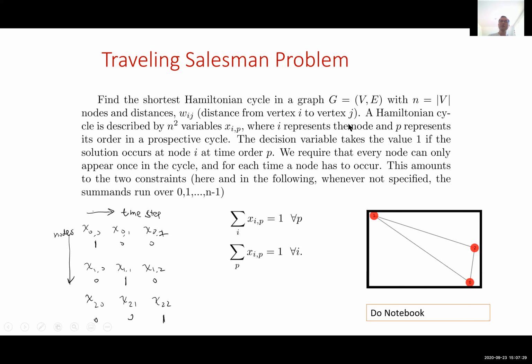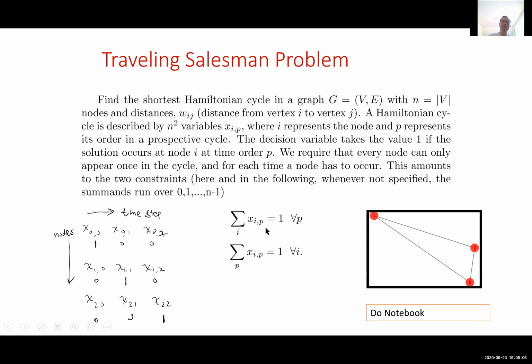So there are some requirements. I describe the problem here. This is also in the notebook. There are n squared variables that are going to be used, where n is the number of nodes that have to be visited. So the way to set up the problem is to use n squared binary variables, because you need to visit all the cities.